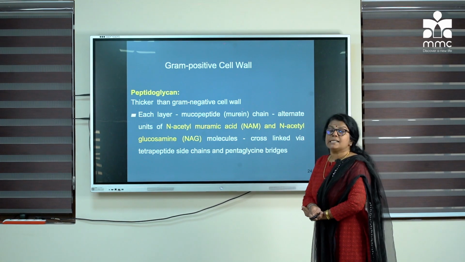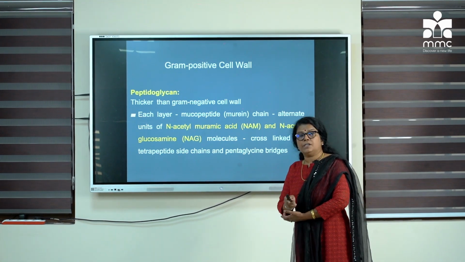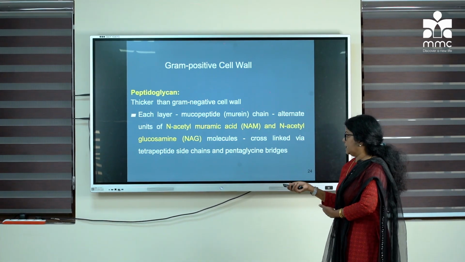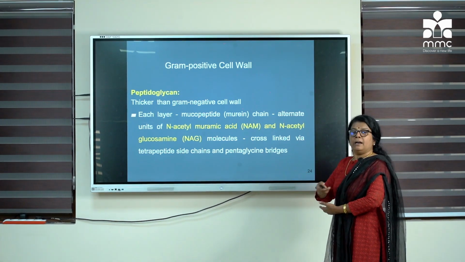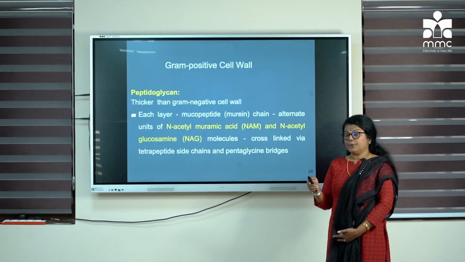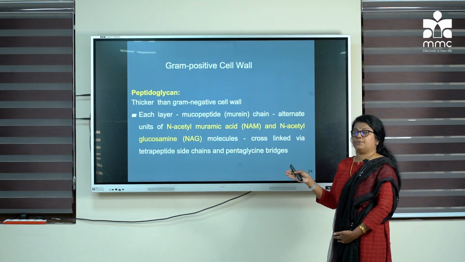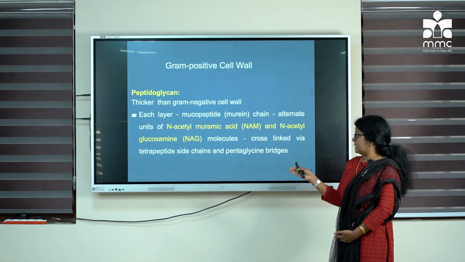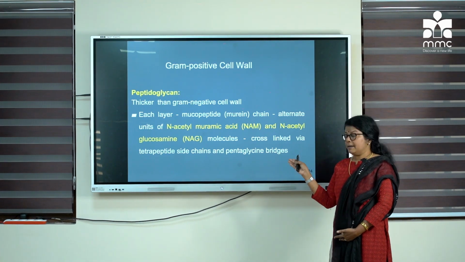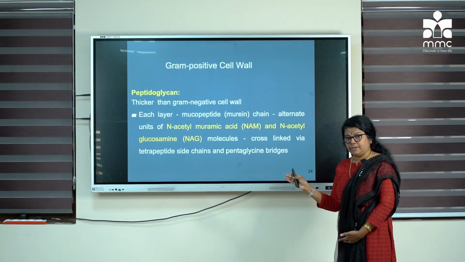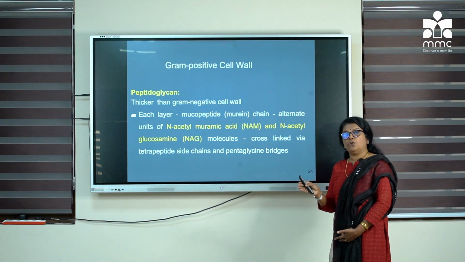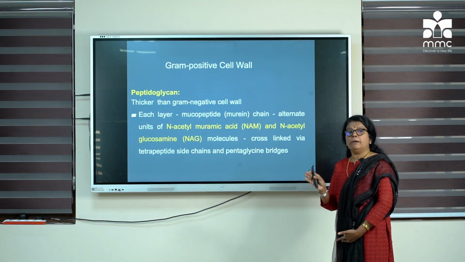Coming to the detailed structure of the gram-positive cell wall, the major constituent is peptidoglycan. It is made up of repeating units of N-acetylmuramic acid and N-acetylglucosamine, which form the backbone of peptidoglycan.